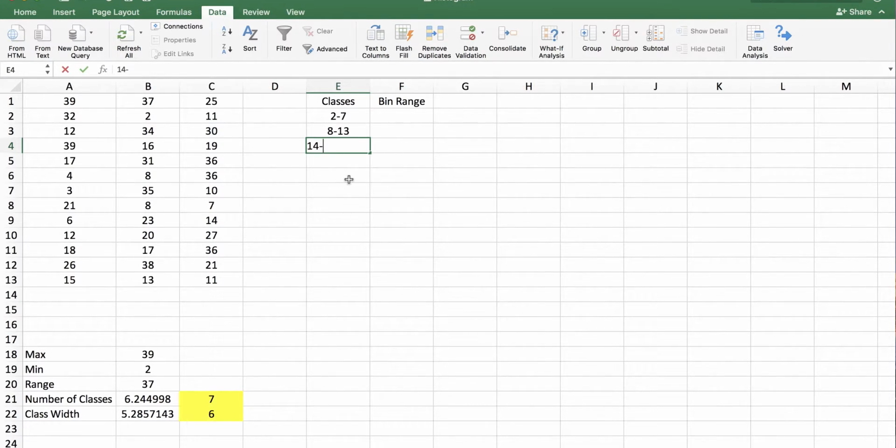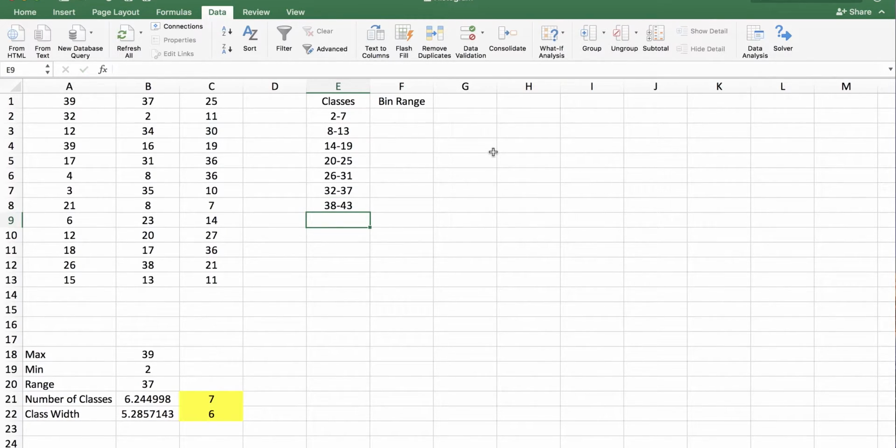And then the next class will start from 14 and will go up to 19 because we have a class width of 6, then 20 to 25, 26 to 31, 32 to 37, and 38 to 43.